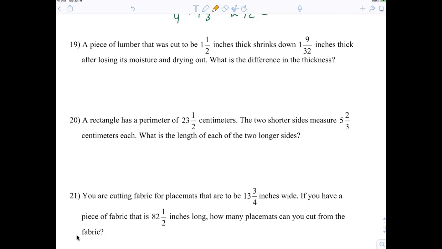Lily, tell me what you got. Yeah, 7/32. 7/32 what, though? Inches.